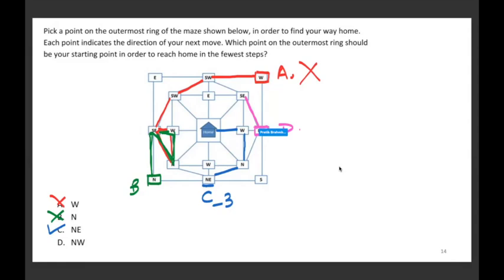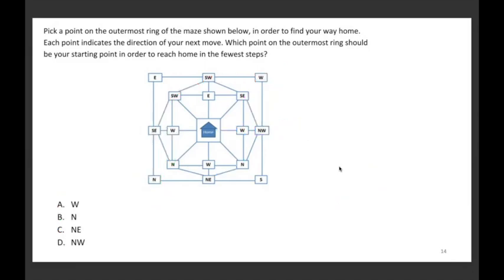Southeast is again going back. Then it says northwest, I go back, which means I'll be stuck in this loop. So D is also not possible. So the correct answer is option C, which is the northeast, which only takes me home. Okay, we'll move to the next one.